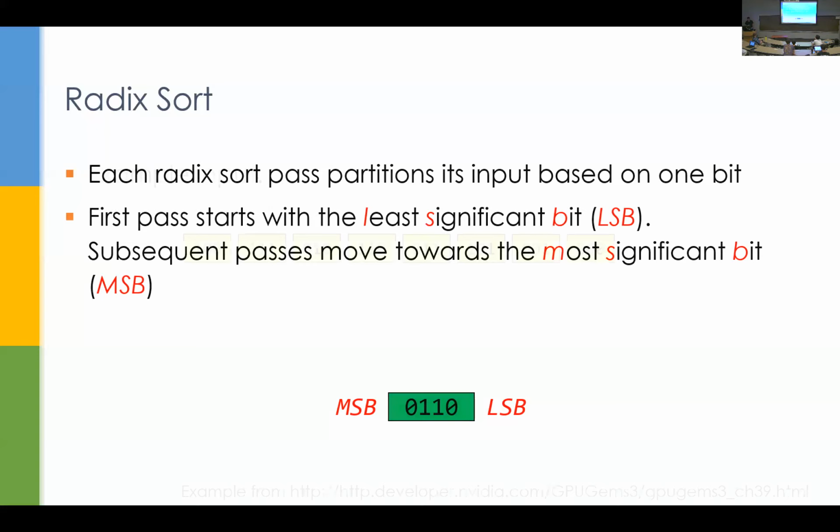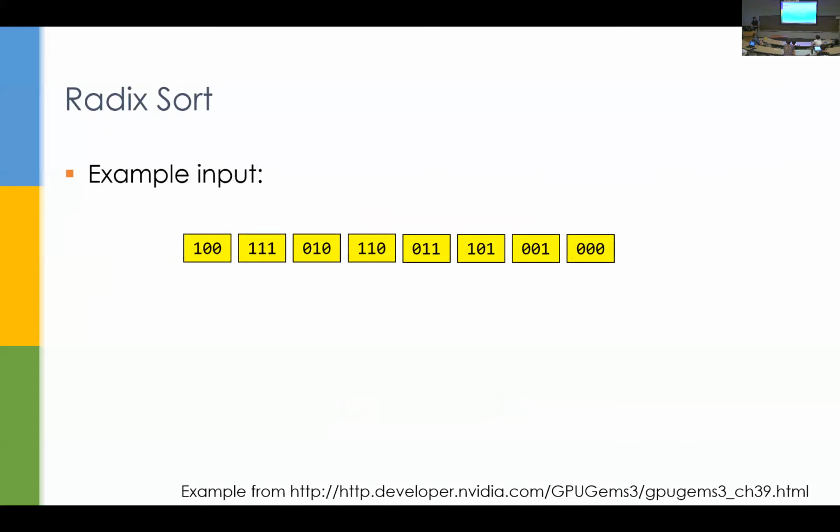So let's see how this works. This was our example. Anybody want to give me the numbers here? The integer values here? So we have 4, 7, 2, 5, 6, 3, 5. All right, you guys know your binary bits. All right. So in the first pass, what we're going to do is look at the least significant bits.